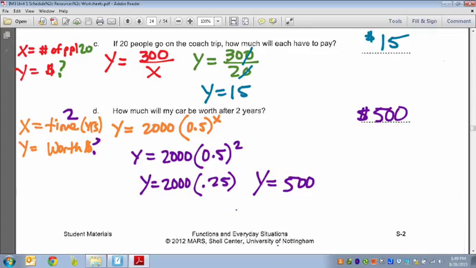So when we deal with functions, it's important to know what kind of function you're dealing with, number one, because when you make the equation, it's not as simple as making just a simple distance, rate, and time equation. It may be more complex, especially when you have more complex variables and scenarios.